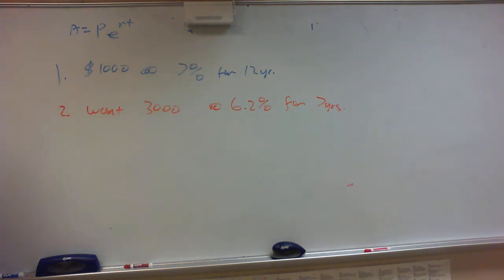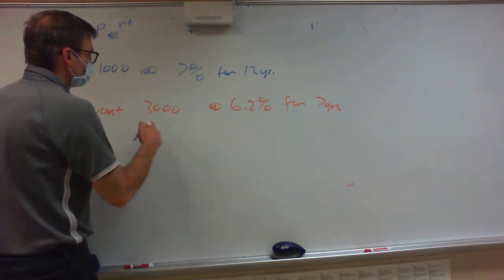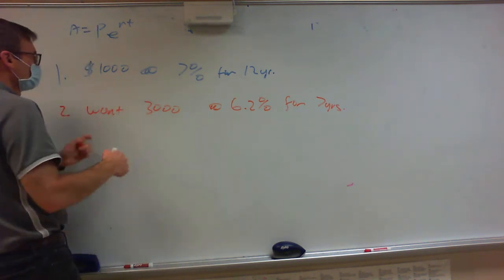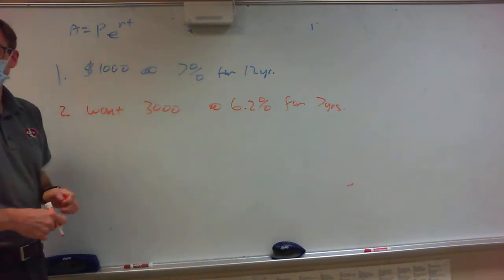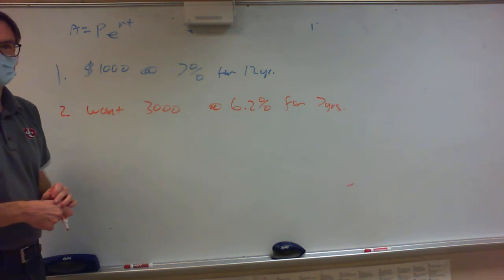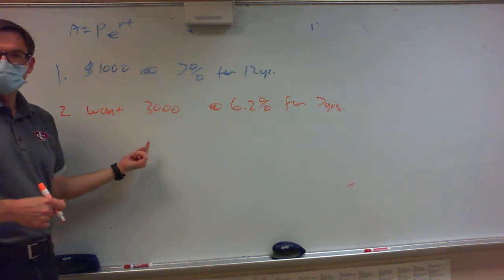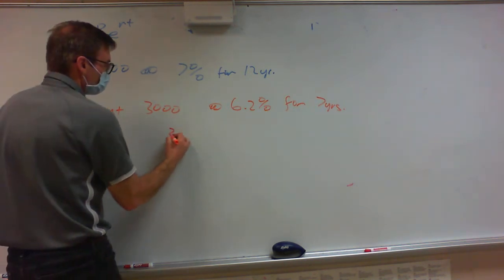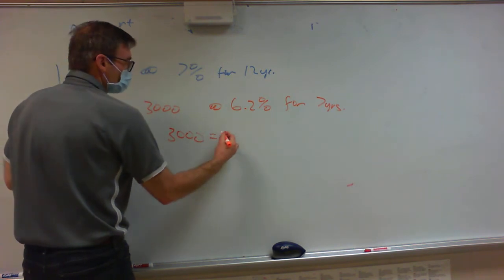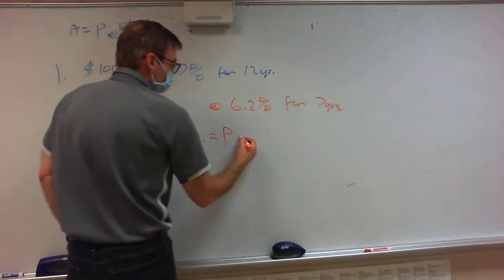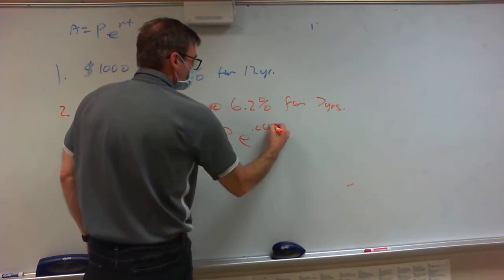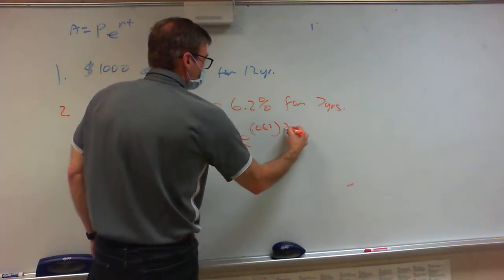So how do we plug in our formula? Do we know what we're starting with? No, that's what P is. What are we going to end with? $3,000. So 3,000 equals P, and then I plug in this other stuff, e to the 0.062 times 7.